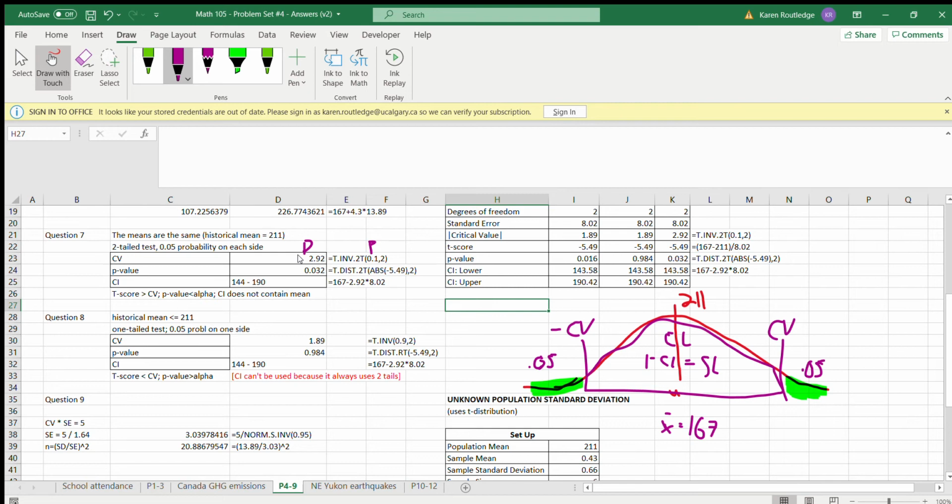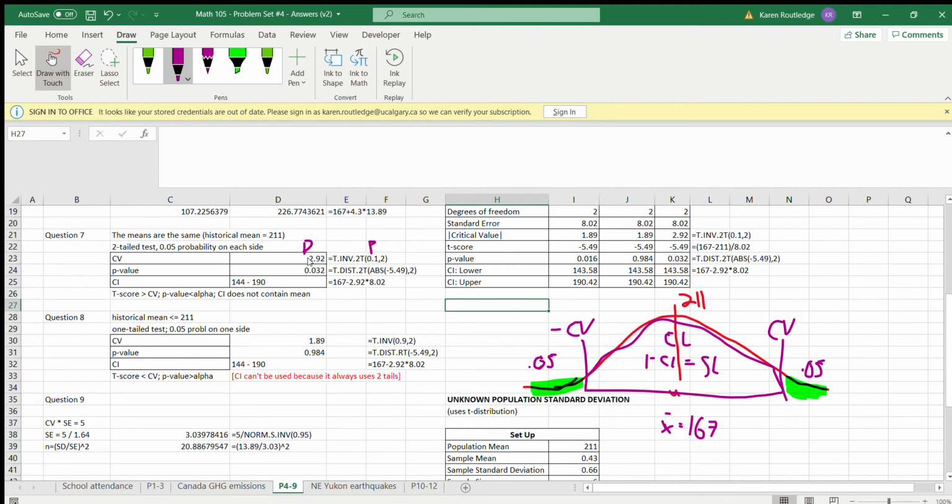In our case, if this distribution was observations, the critical value would still be 2.92. Again, the critical value doesn't care if it's in standard deviation units or standard error units, because all we're giving it is a probability. And the shape of the curve does not change. It's still a t distribution.